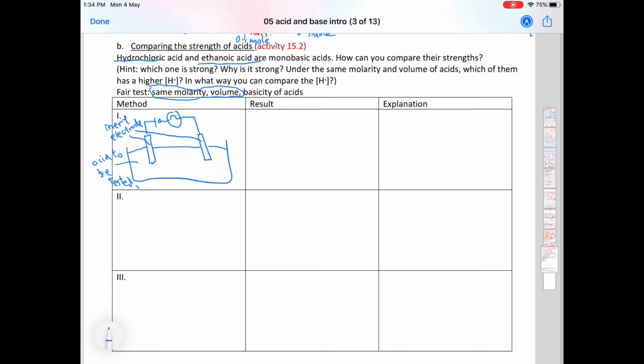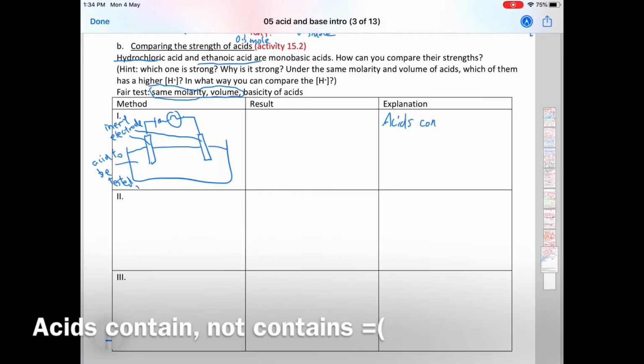Inert means it's chemically unreactive. If I put in some acid, why can acid conduct electricity? What do they have? They contain mobile ions for conducting electricity.